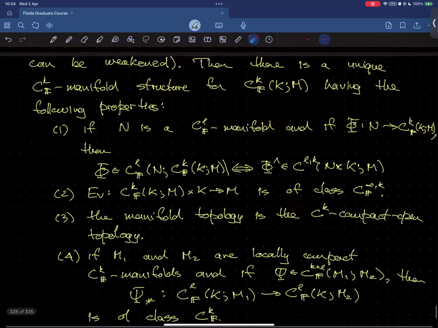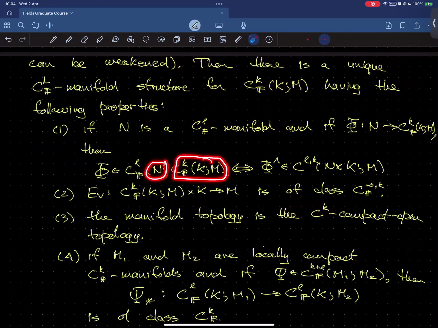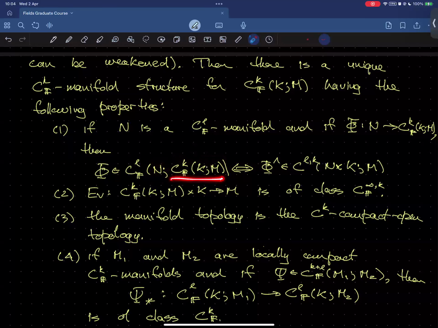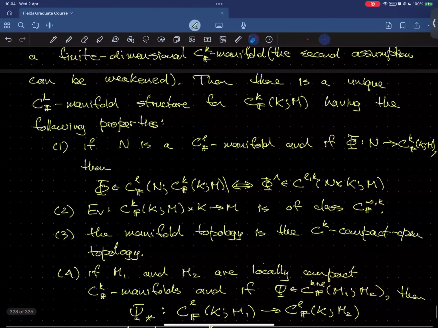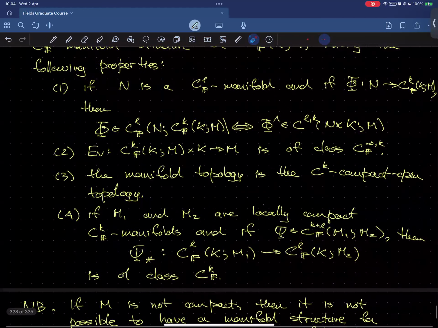It's not really clear. The thing that's new here is that this is now a manifold. And so this is saying that as a mapping from this manifold into this manifold, and it's the differential structure of this thing that I am asserting in this statement, is such that C^L-ness of this mapping is equivalent to C^L K-ness of this mapping. Okay, that's one property.